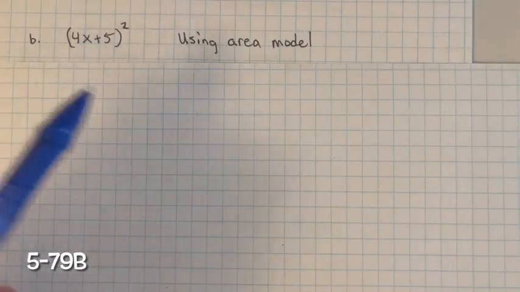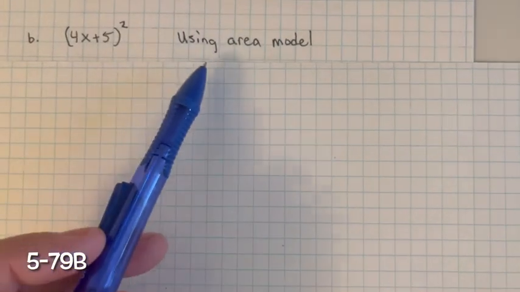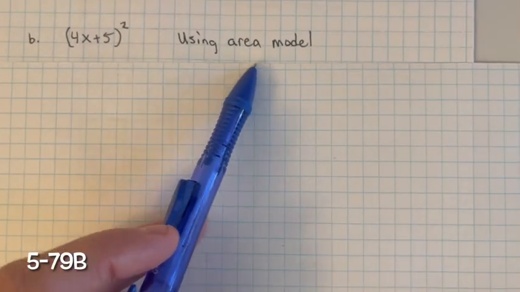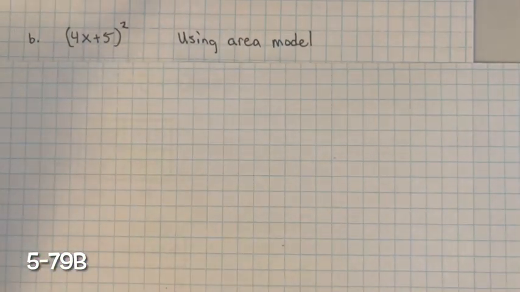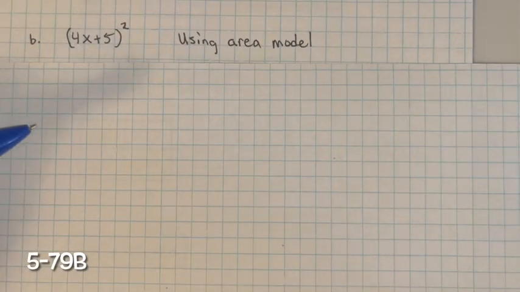For B, I'm going to show you how to compute the products by using the area model. So for the previous one, we could have used the area model or distributive property. It's really which one you prefer.